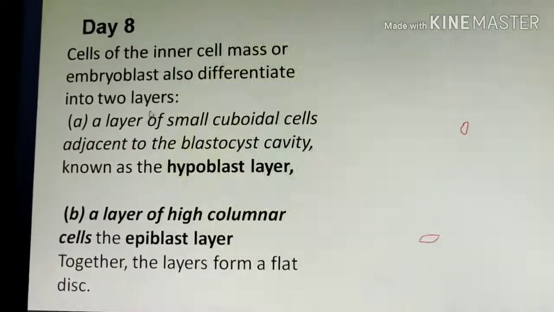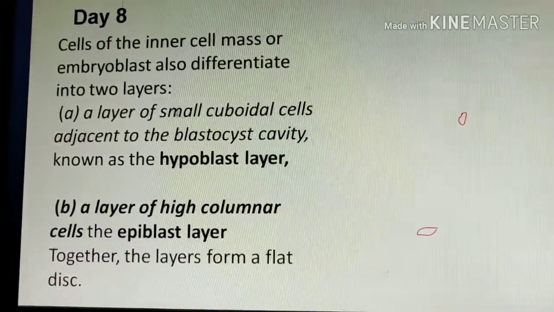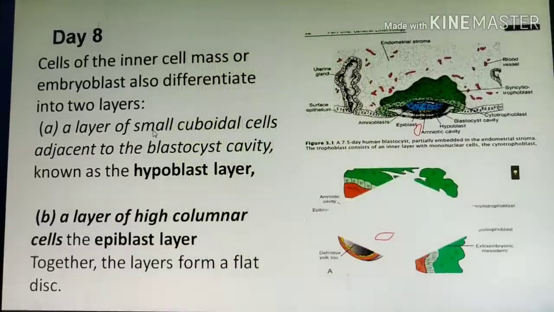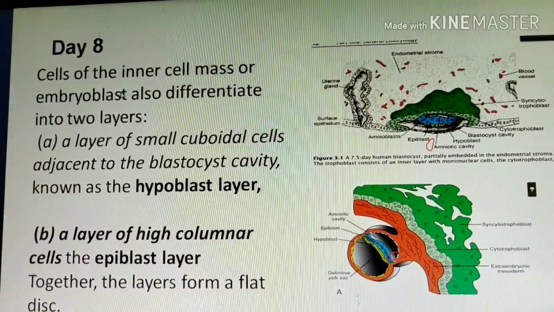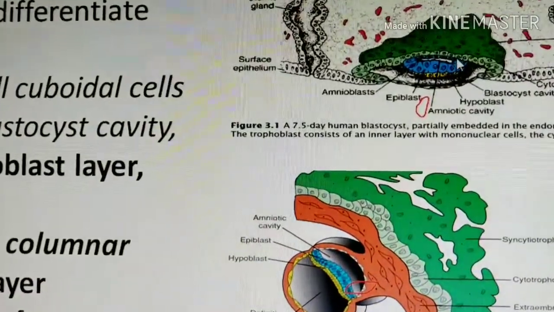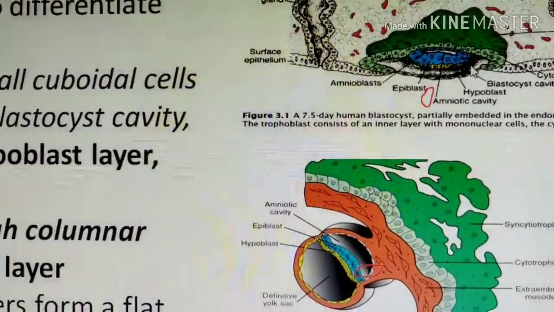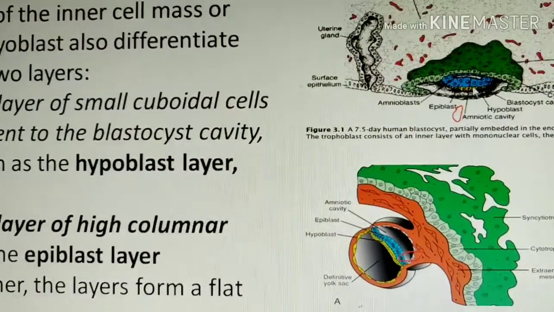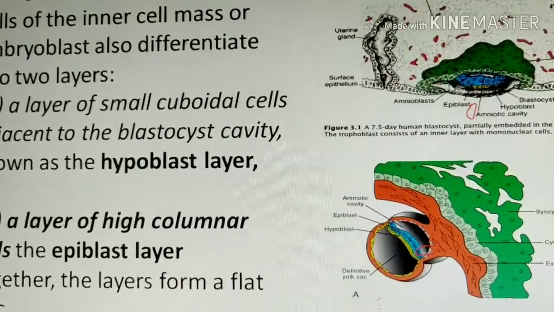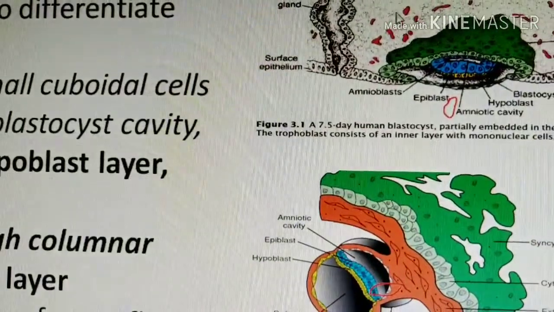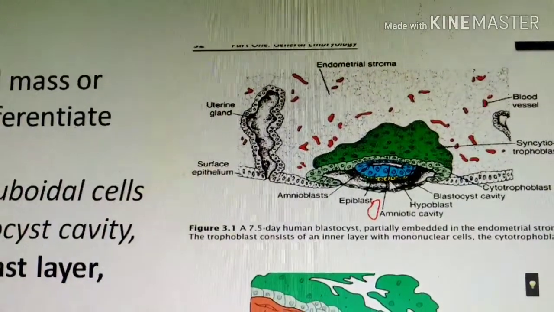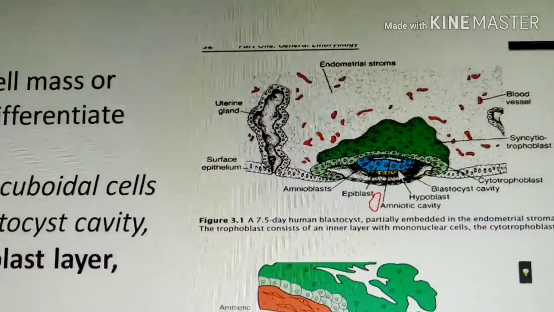Now the cells of the inner cell mass, that is the embryoblast. These embryoblast cells also differentiate into two layers. First is the small cuboidal cells, the yellow color.